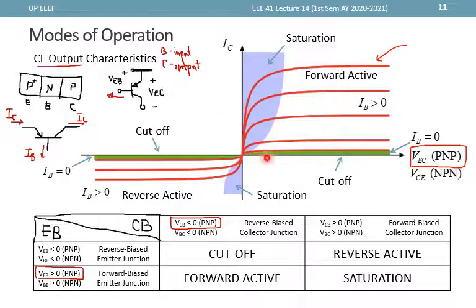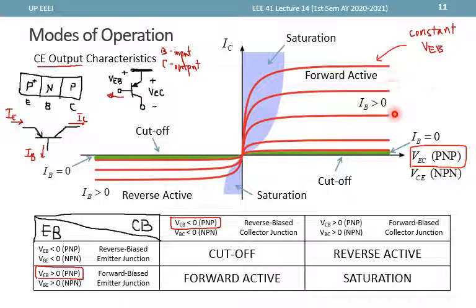Now, what does this plot tell us? These specific lines right here are for a constant VBE or VEB. So each of those lines represent a constant VEB, and by varying VEB, we are getting varying IB.